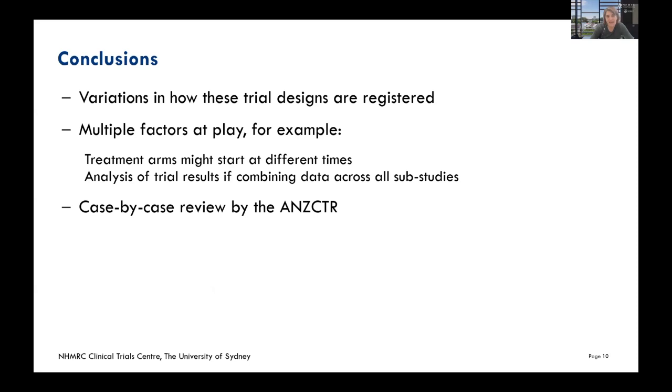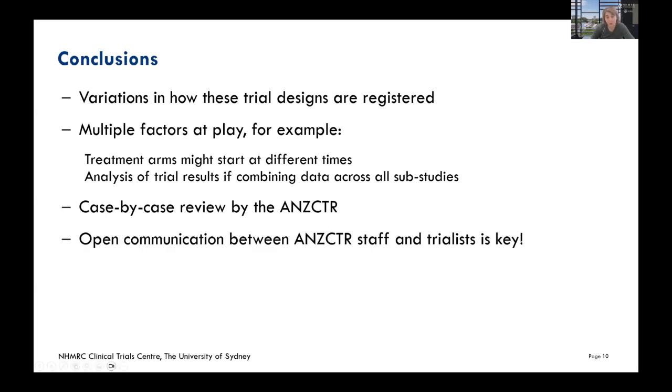Overall, the ANZCTR does take a case-by-case review process, and we really want to have open communication between the ANZCTR team and the trialists about their adaptive trial, because this helps us plan the best approach for registration and ultimately will reduce the back and forth between the trialist and the ANZCTR team.